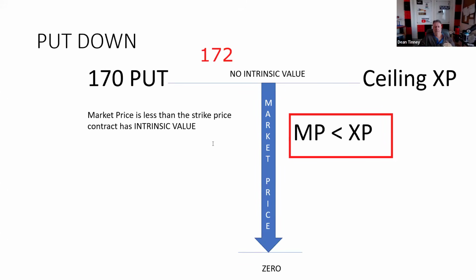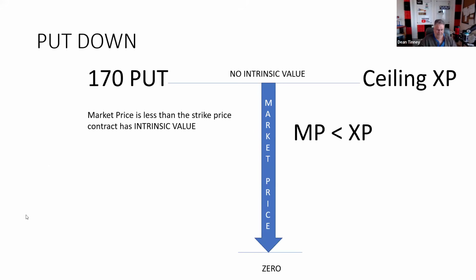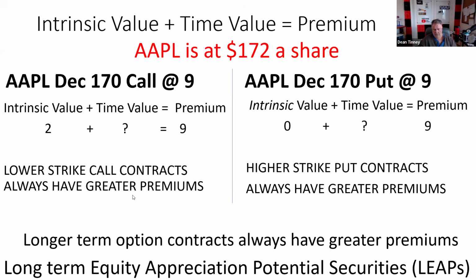Now, the premium that you pay or receive for an option contract has 2 components. It has the intrinsic value, which we've been discussing, and everything in excess of the intrinsic value is called the time value.